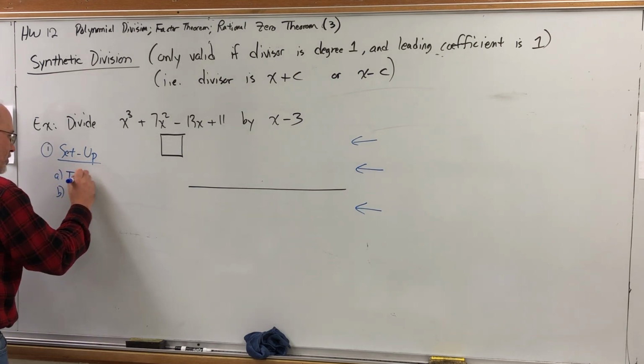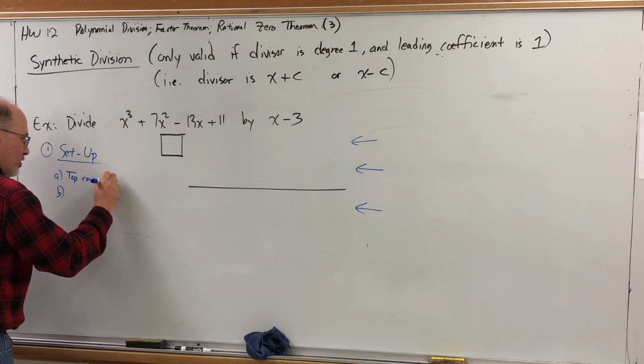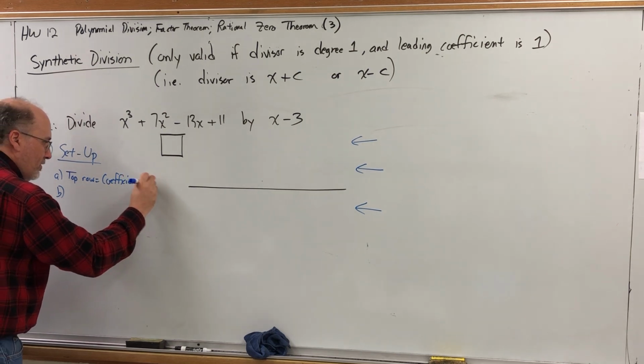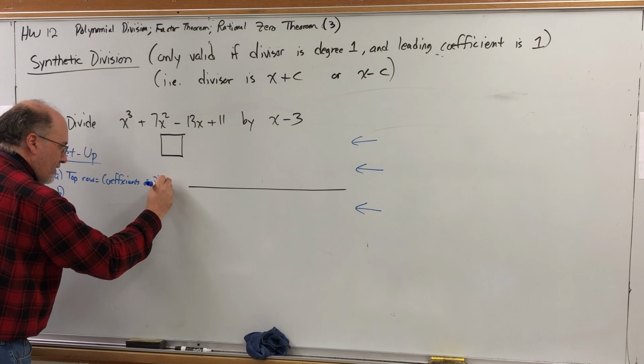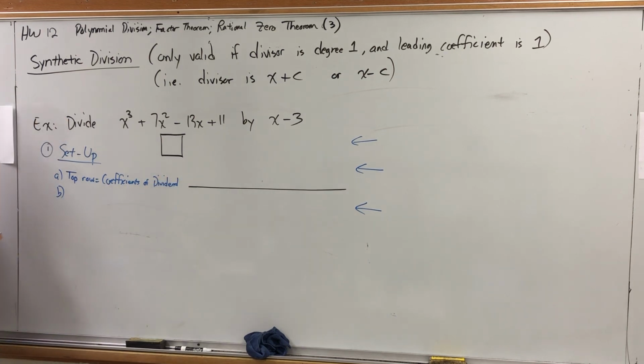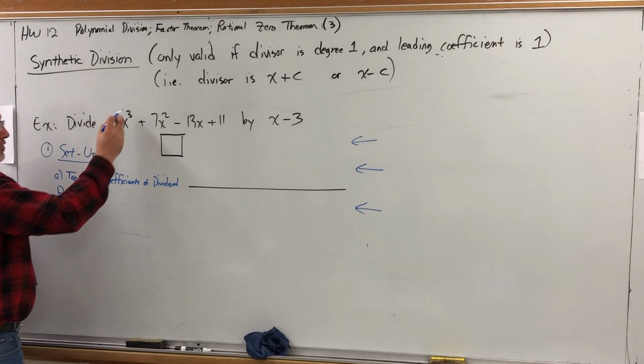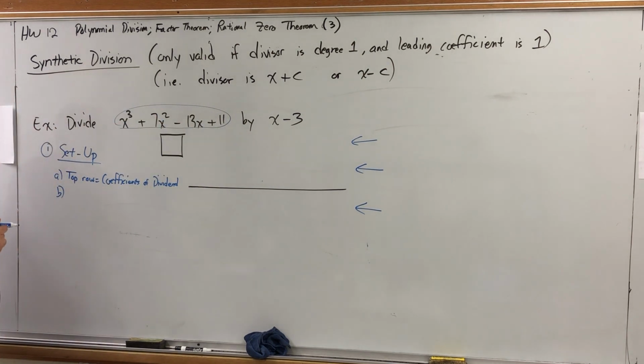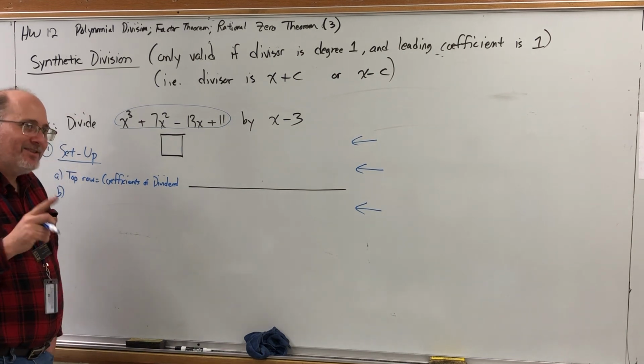So here are the 2 parts of the setup. The top row is equal to the coefficients of the dividend. In other words, the part you are dividing into. So you look at your dividend, which is right here, and you pull out the coefficients, so the numbers in front of all the x's. You do not write any x's in synthetic division.